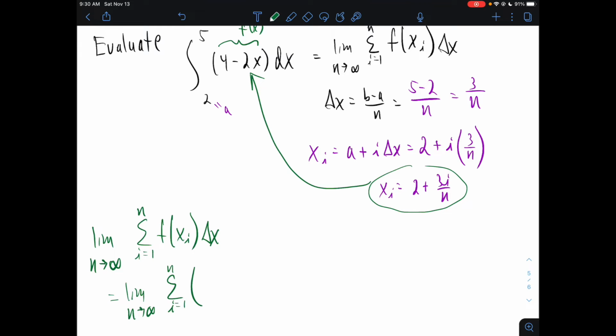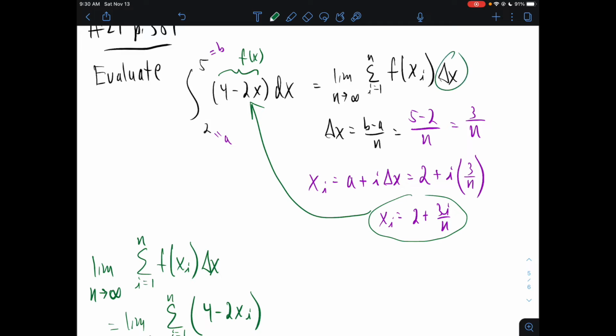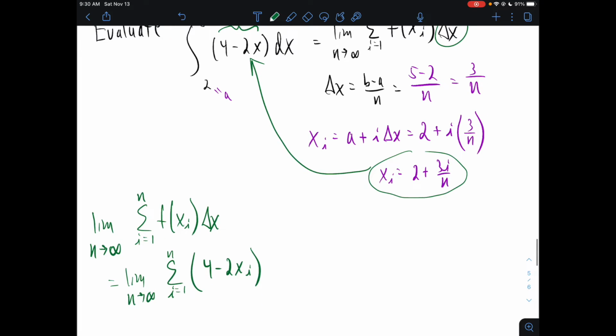So f of x sub i is just going to be 4 minus 2x sub i, which then I can replace x sub i with 2 plus 3i over n, and then delta x is what comes next, and we said that delta x was 3 over n.